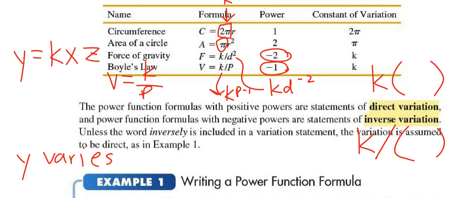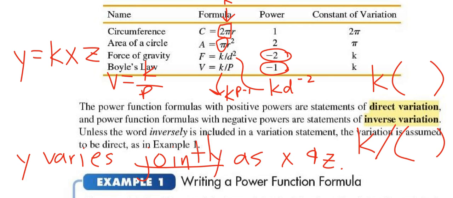They used a special word for more than one variable being directly related. What was that special word? Jointly, yes. That's referring to direct variation. It's just referencing more than one variable being directly related.